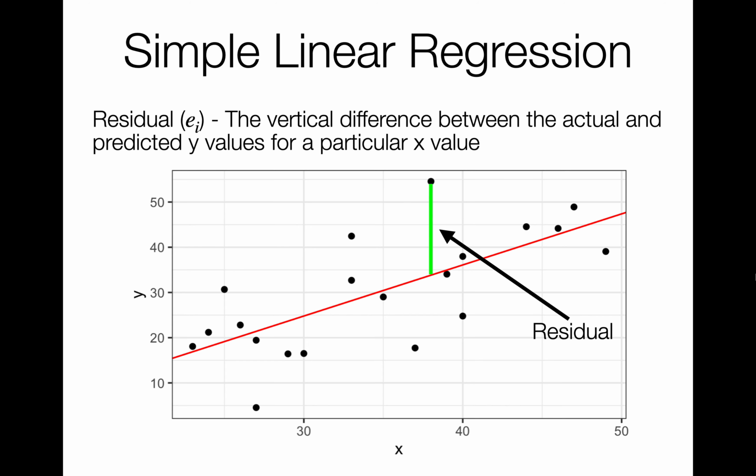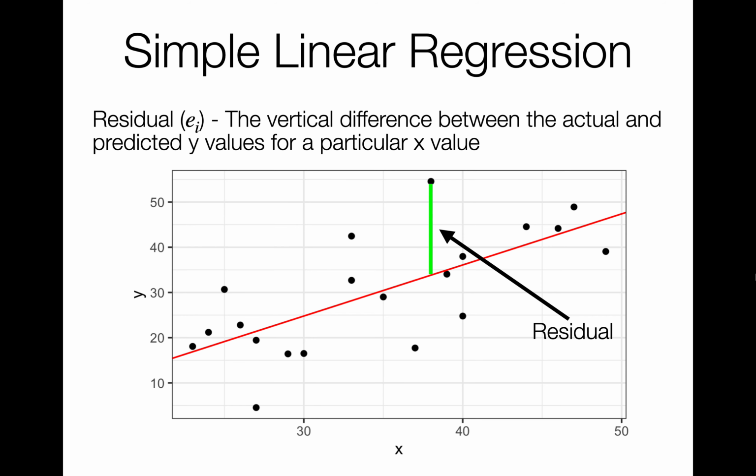Really, a residual is the vertical distance between an actual point in your set of data points and the predicted line at the same x value. So the vertical distance between the point and the line, that's a residual. And that gives us at least some measure of goodness or badness for how to choose which line is best.